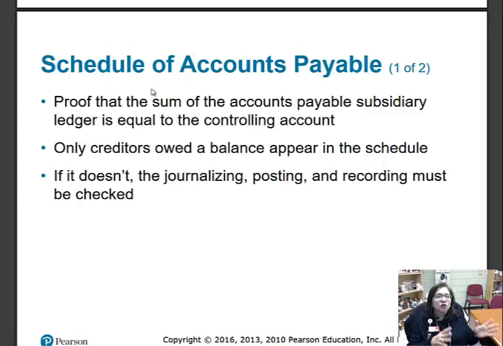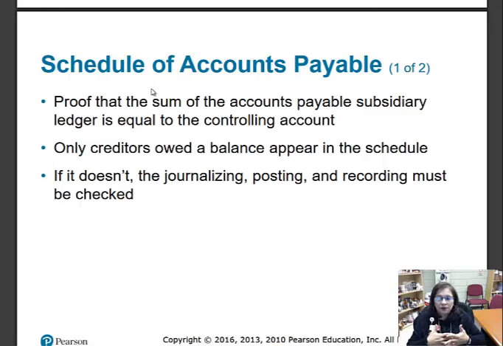Just as we did a schedule of the accounts receivable, there is a form or financial statement for the schedule of accounts payable. This is proof that the sum of the accounts payable in the subsidiary ledger is equal to the controlling account.